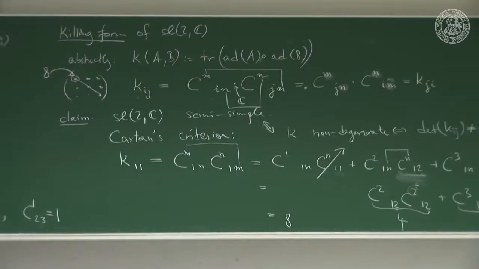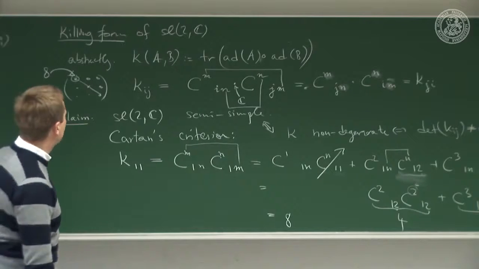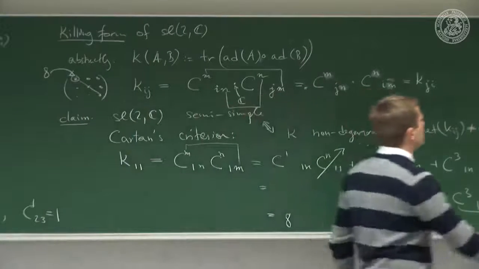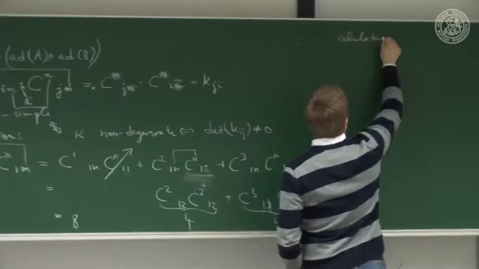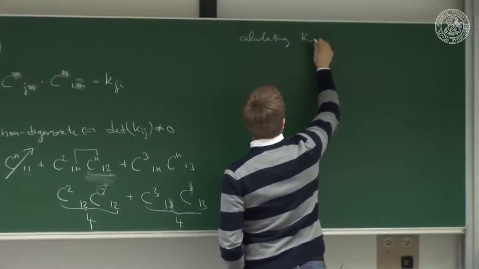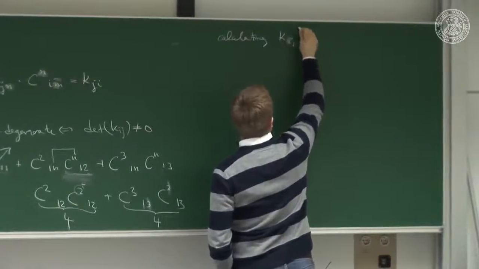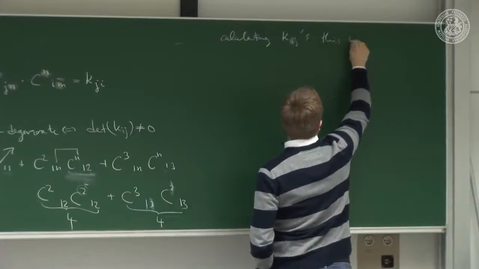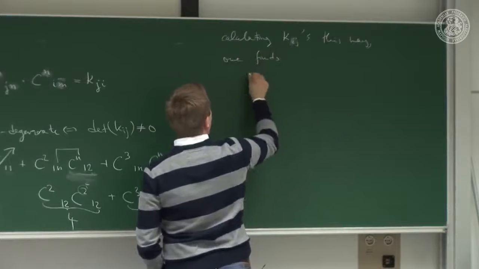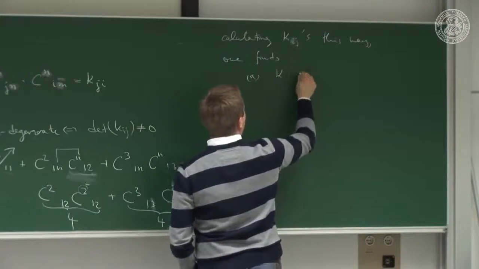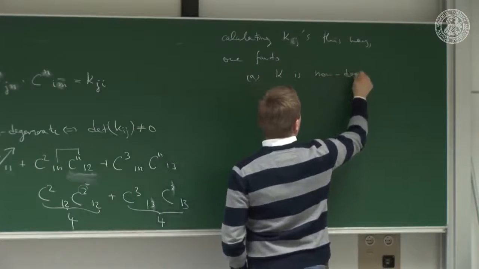I think it's too boring to go through this here, but my assurance to you is that calculating the Kij's this way, one finds 2 things. A, K is non-degenerate.